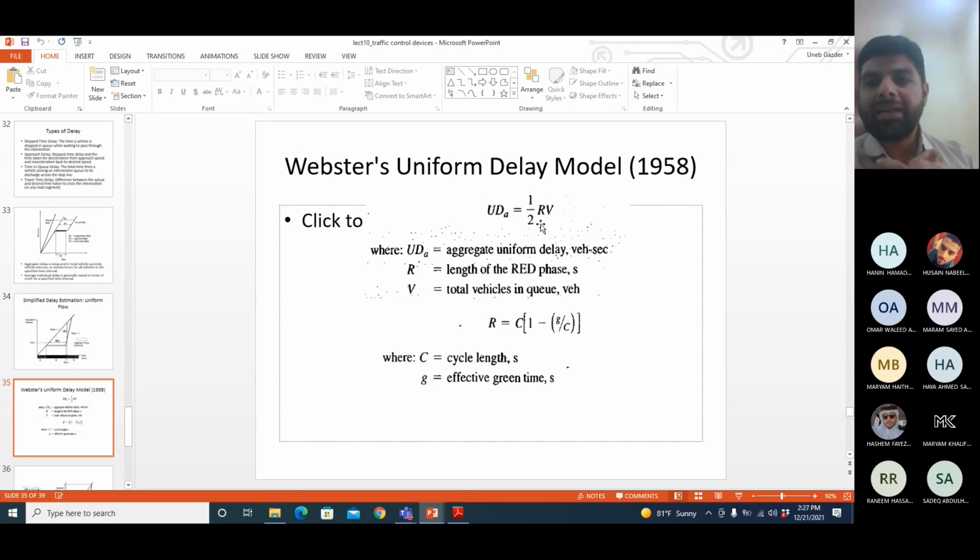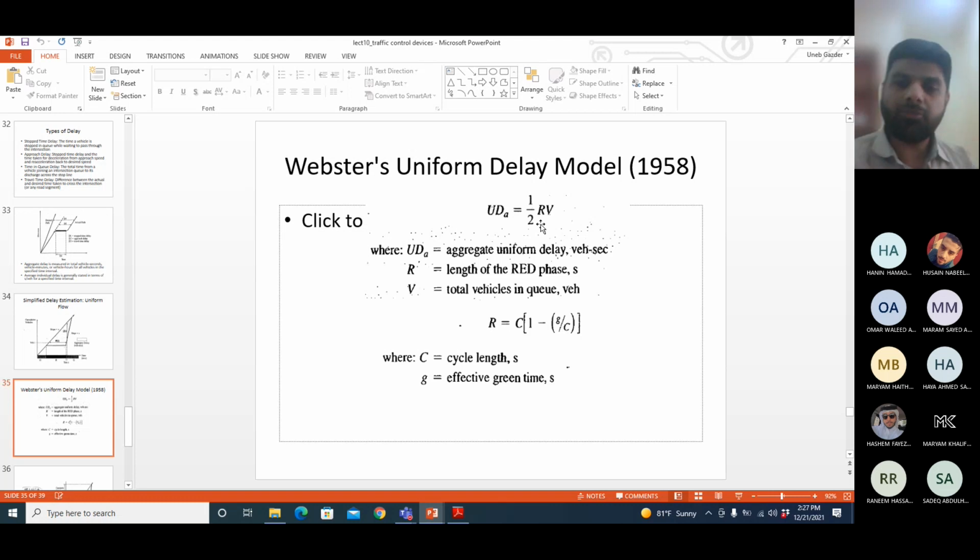Whatever is not effective green is effective red, R. So whatever portion of the cycle length is not effective green is effective red.